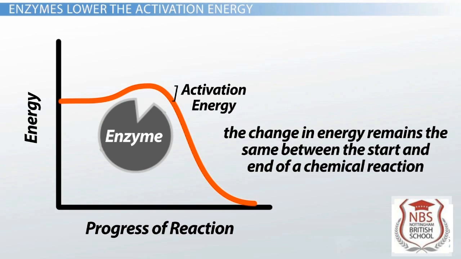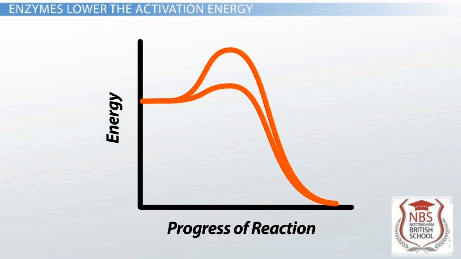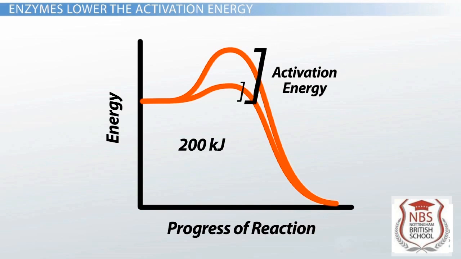For example, if a reaction released 200 kilojoules of energy without an enzyme, the same reaction would still release 200 kilojoules of energy with some enzymatic aid. The difference would only be a lower activation energy and a faster rate of reaction.